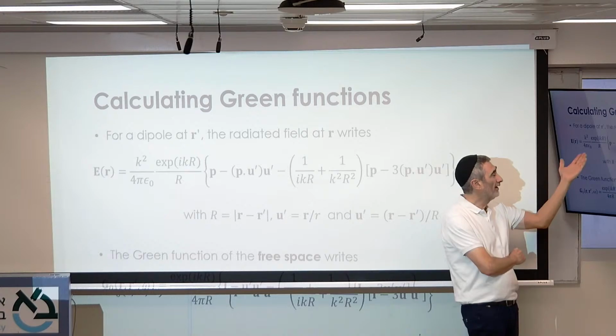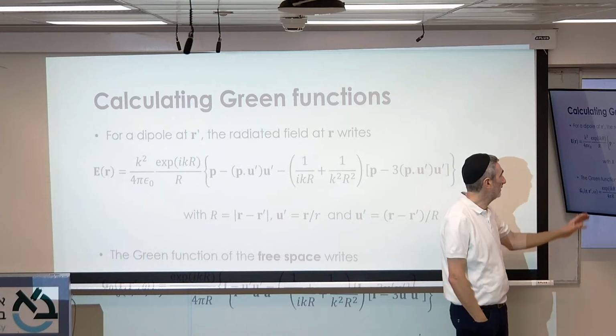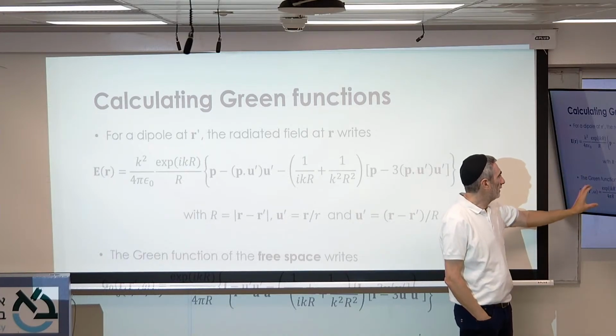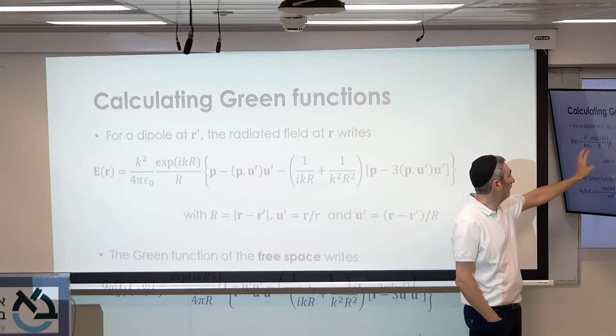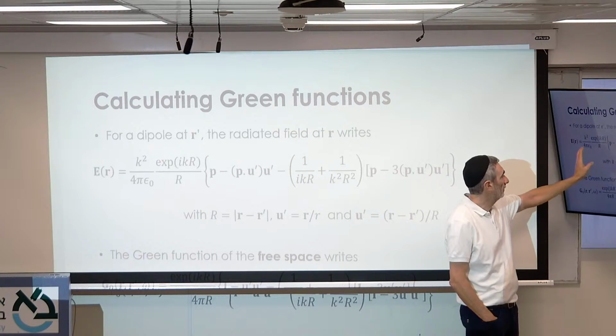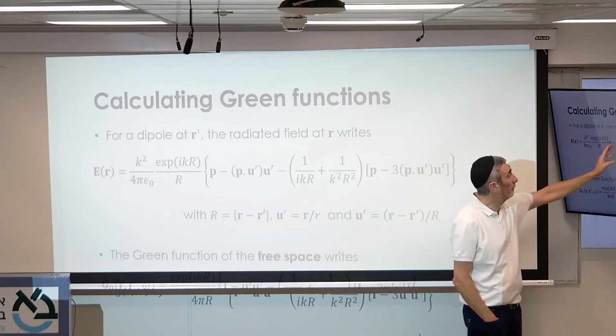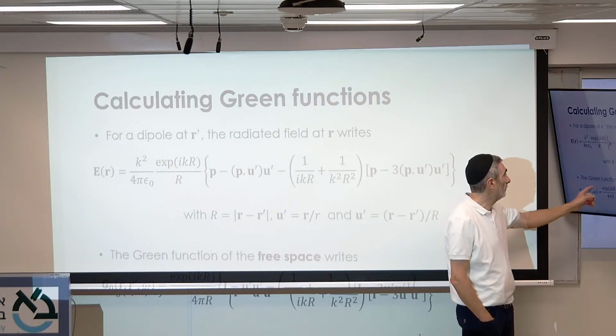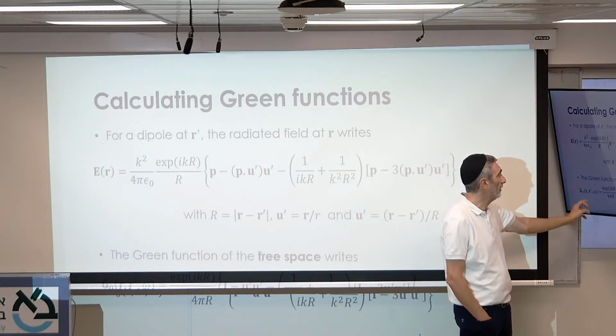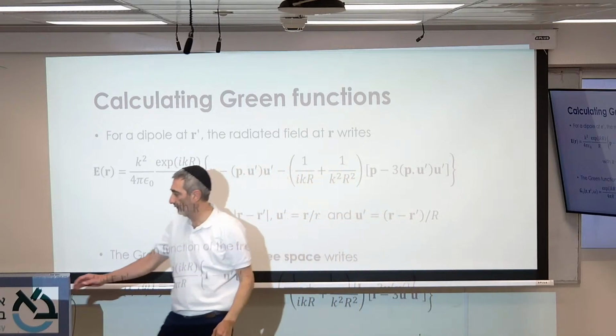Okay, I'm not going into details, it's just boring. But the idea is that you can have an expression of the E field, the full expression of the field, and you can get from that the green function. We related E and G before.